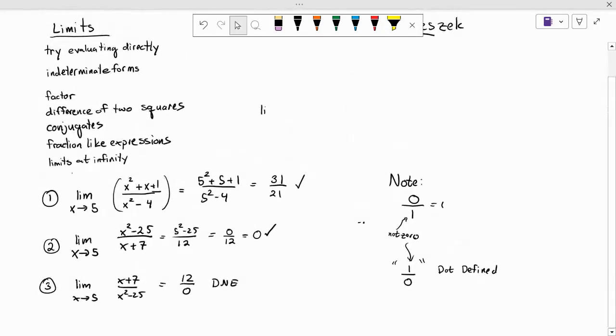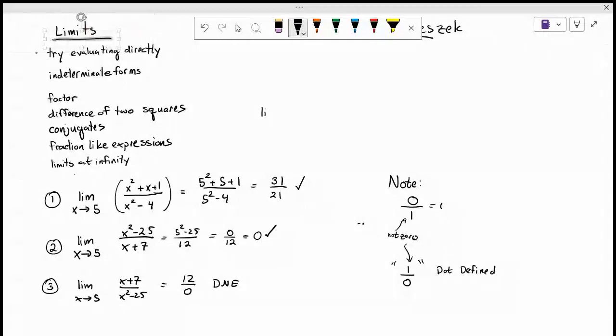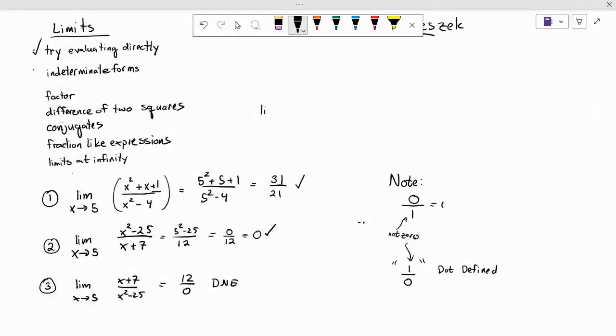We tried evaluating limits directly. But if you get something like 0 divided by 0 or infinity divided by infinity, as we'll see, we get something called an indeterminate form. So 0 over 0 is like we don't know what's going on, and we have to use other algebra tools to figure out what is going on.